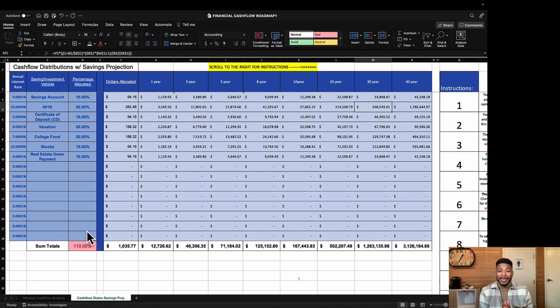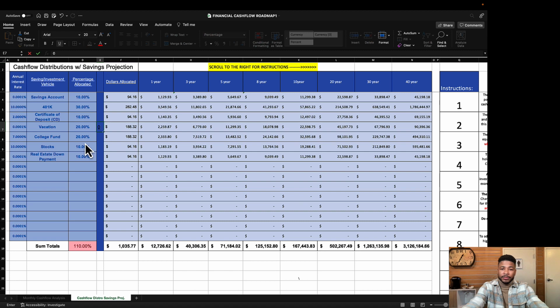Now, you cannot over allocate your monthly cash flow. You can only allocate 100% of your monthly cash flow. Anything over 100% will show up red here. As you can see, it shows 110% of your monthly cash flow is allocated, which means that you don't have 110%. So you need to reduce that. I'm going to reduce our vacation from 20% to 10%.